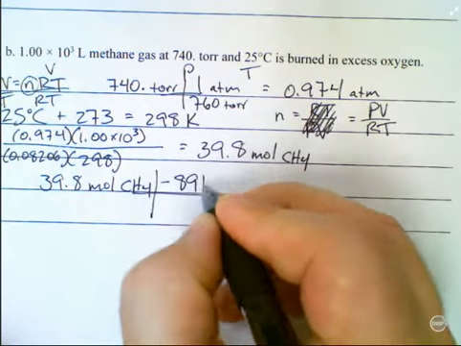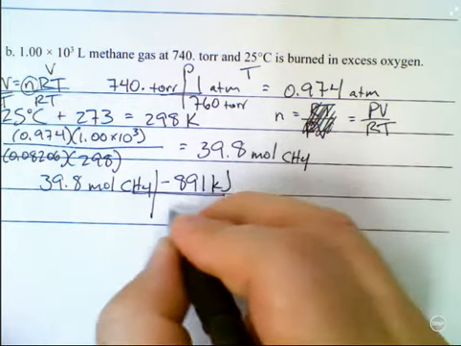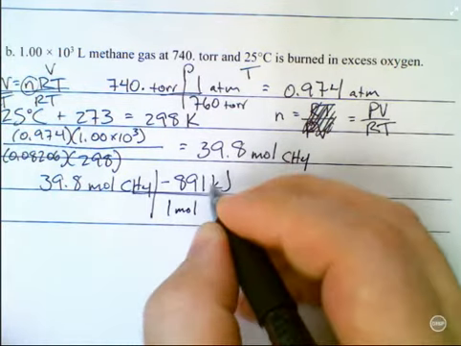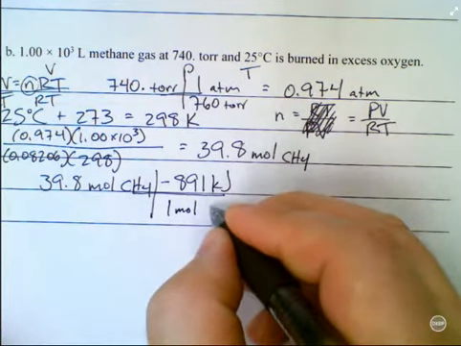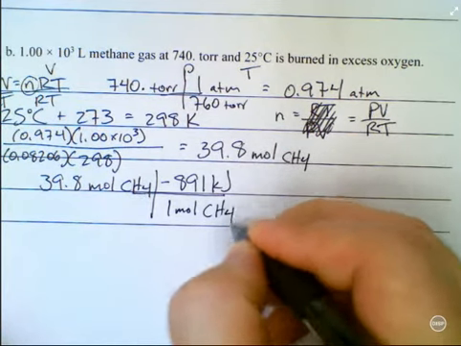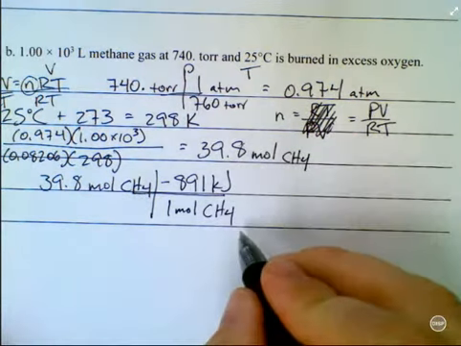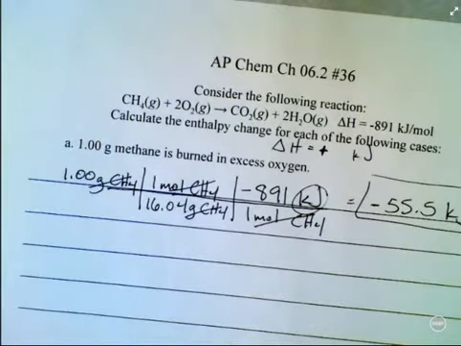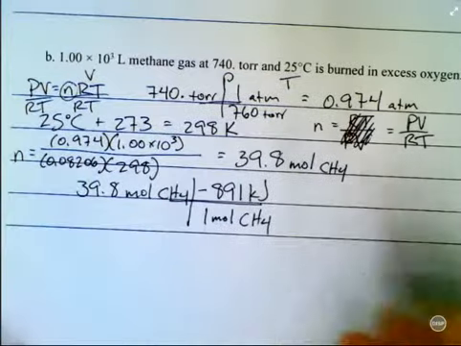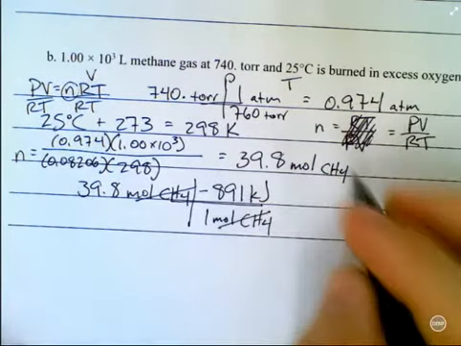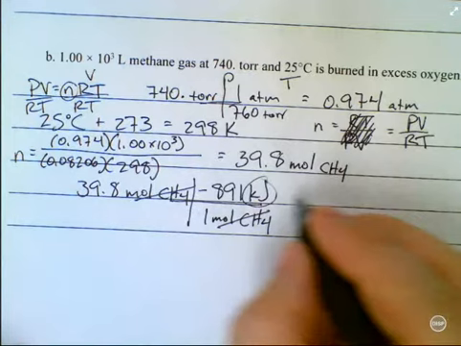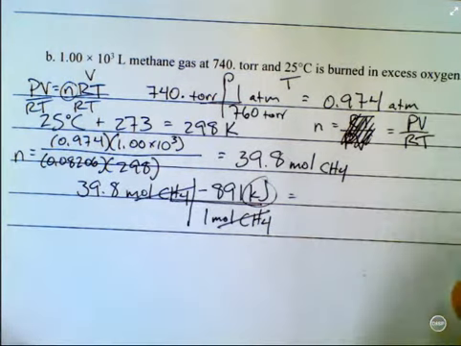That's an exothermic reaction. Again, this is per 1 mole of methane according to the equation up here. So moles of methane will cancel. I'll have kJ left as my unit after I'm done calculating.